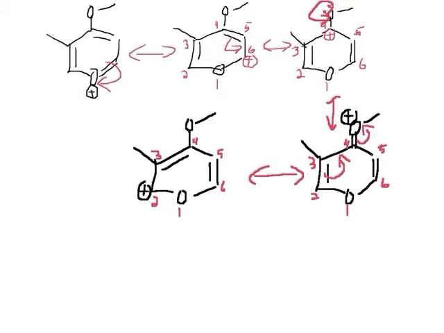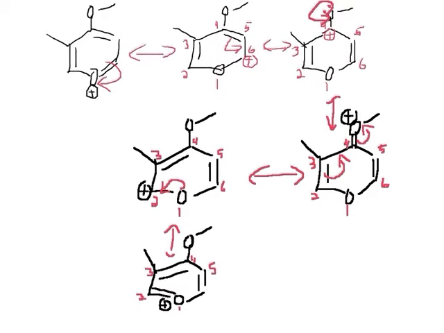Is there one last resonance structure to draw? The lone pairs from this oxygen can come here. So how many total structures do we end up with? 6 total.